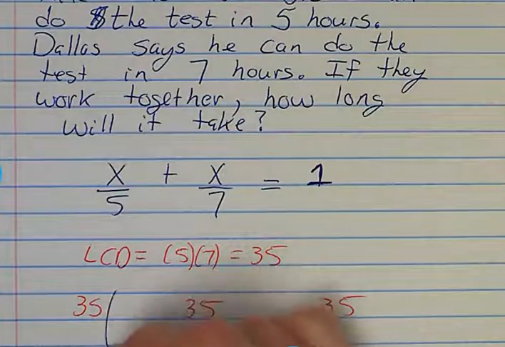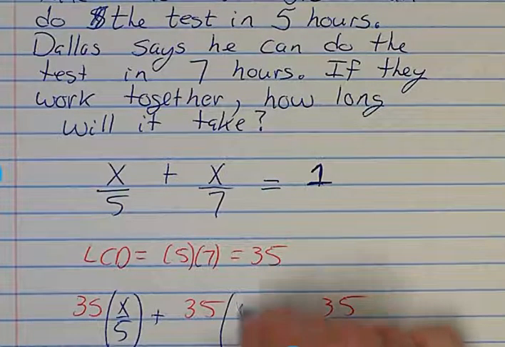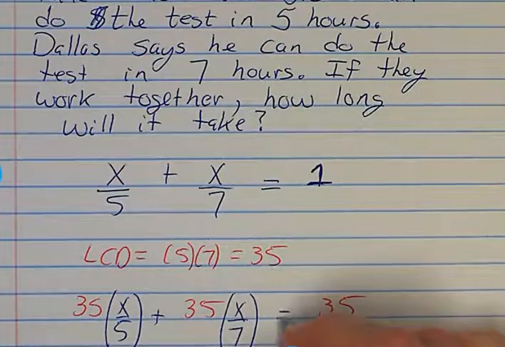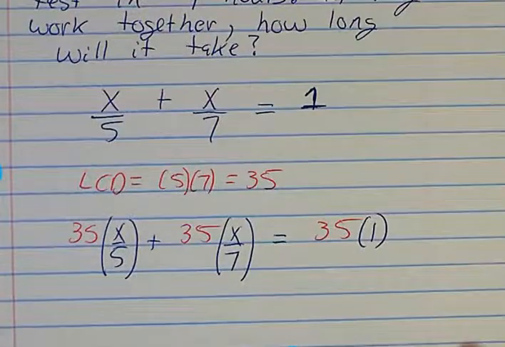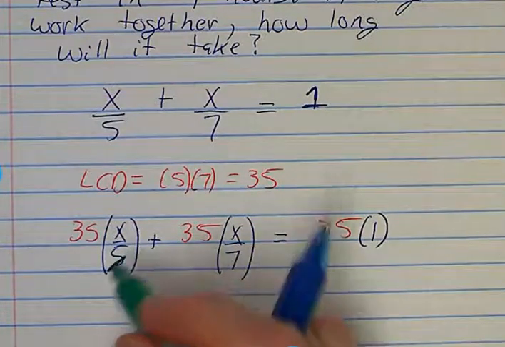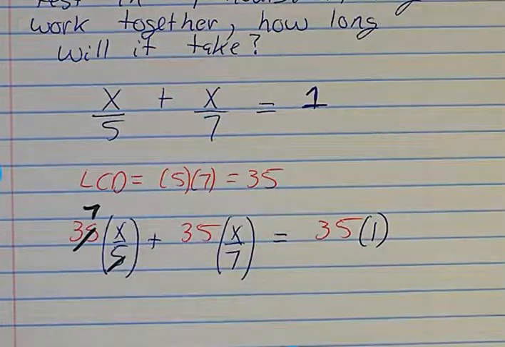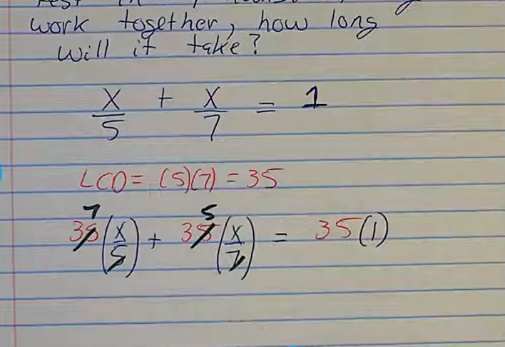So 35 times x over 5 plus 35 times x over 7 equals 35 times 1. Okay. And again, everything should cancel. It should just be whole numbers. 5 will go into 35 7 times. 7 will go into 35 5 times.